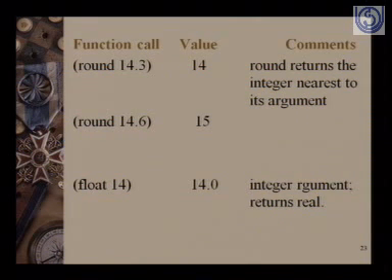Float 14: sometimes we are interested in converting an integer into a real number. Then instead of rounding, we do the opposite operation. We write float 14. That is, the argument of float is always an integer, and the value 14.0 is returned.